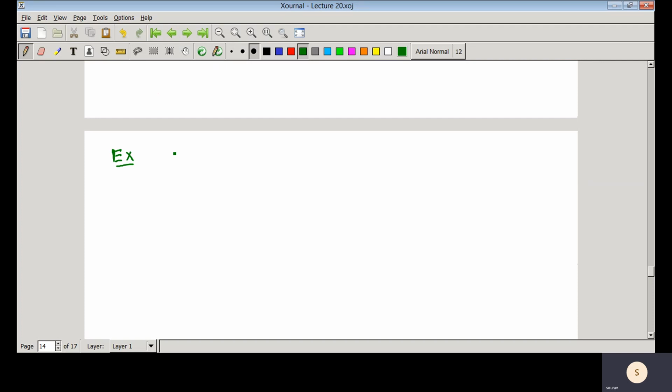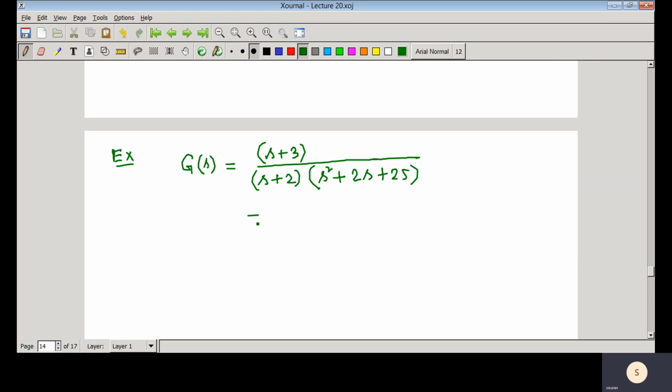Suppose the loop transfer function is given as G(s) equal to (s plus 3) over (s plus 2) times (s square plus 2s plus 25). The first step would be taking common factors out, 2 into 25.